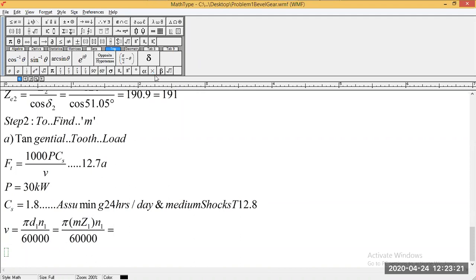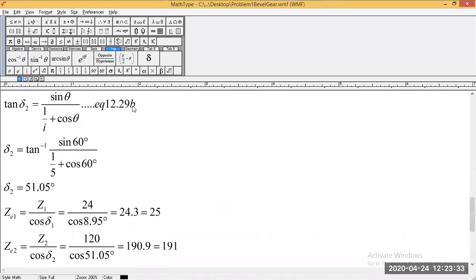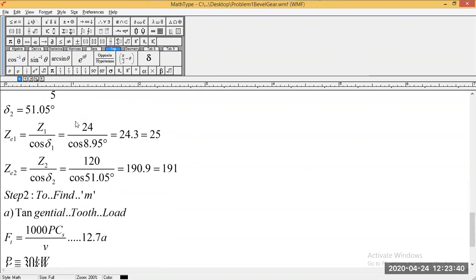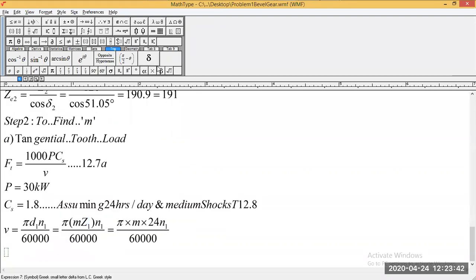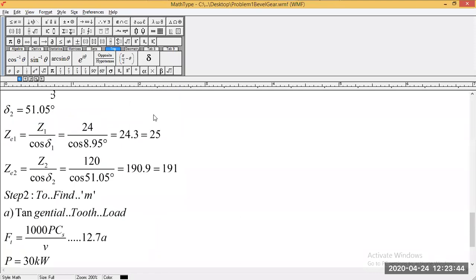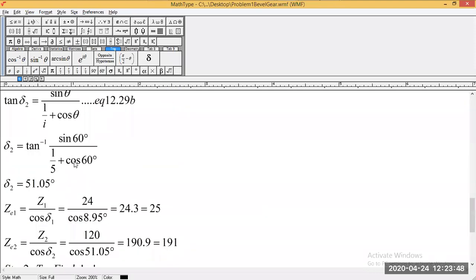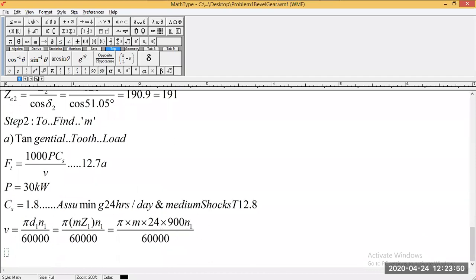So this is equal to pi into m into z1. Number of teeth z1 is 24, into n1. n1 was 900 rpm.